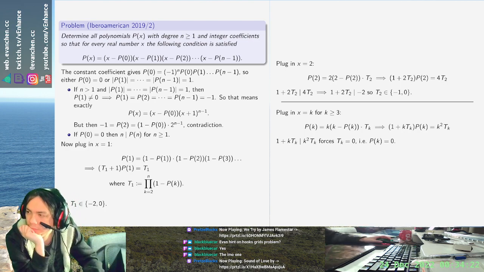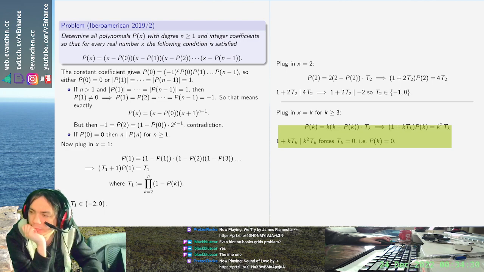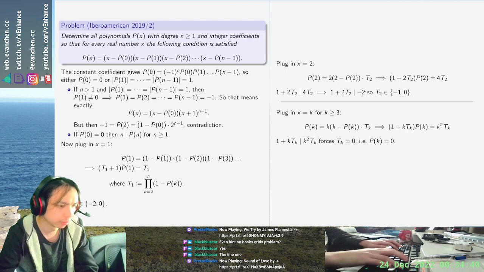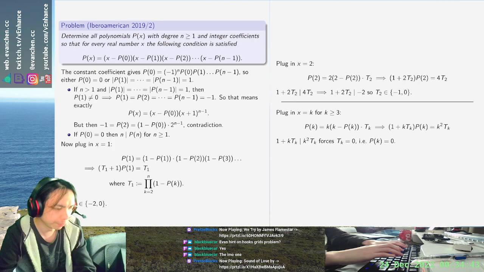This thing is showing that P of 3, P of 4, etc. all have to be roots of a polynomial. So conclusion, P3, P4, ..., P_{n-1} are all roots.